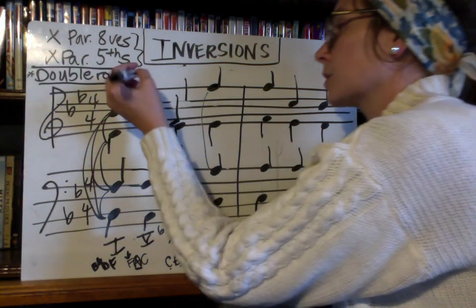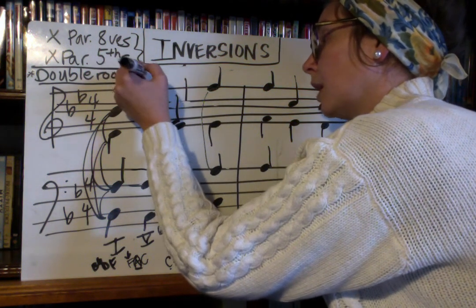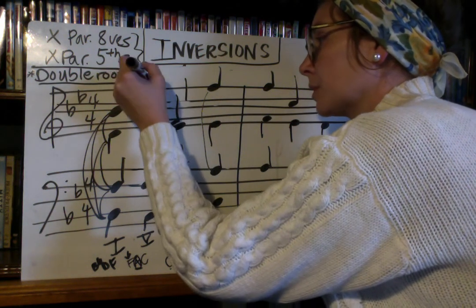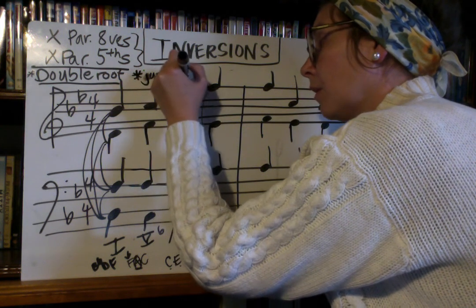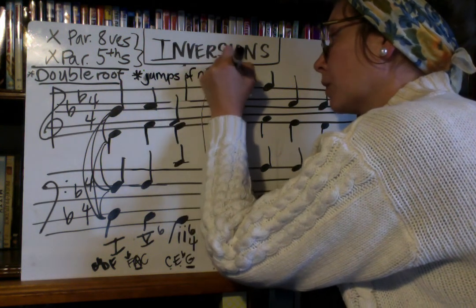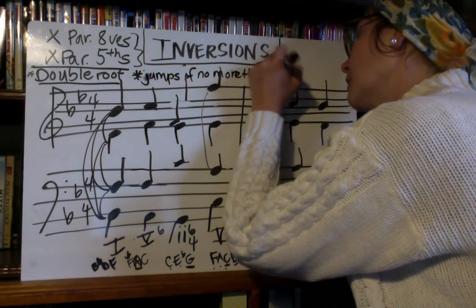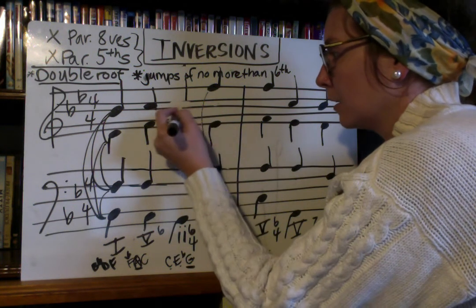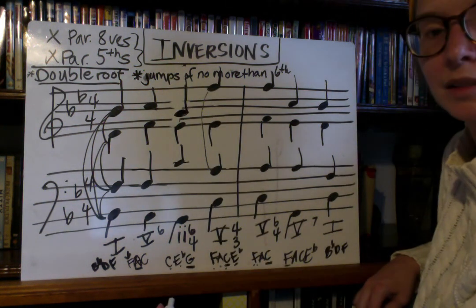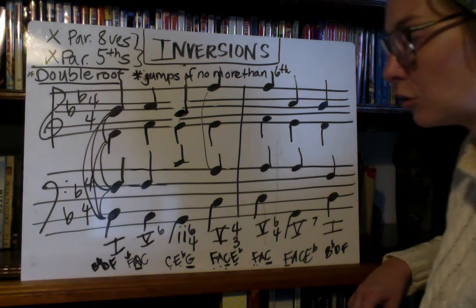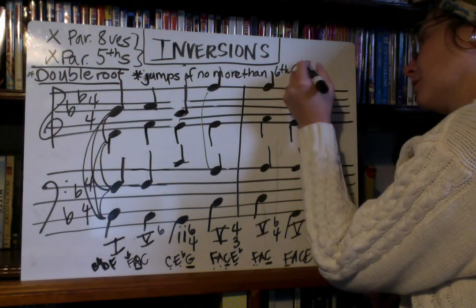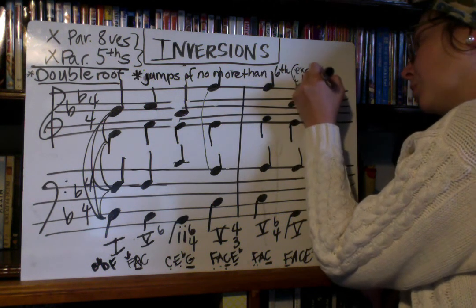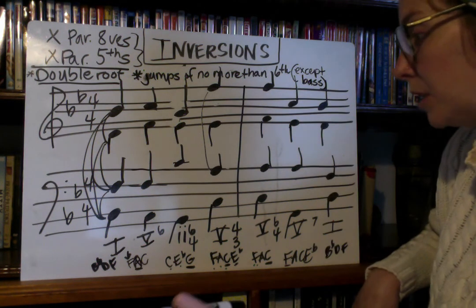Try to keep your jumps of no more than a sixth. So like an A to that F would be fine because that's a sixth. But a seventh or an octave, that's just too big unless it's the bass. Basses are probably going to be jumping around a lot, and that's just the nature of the bass part.